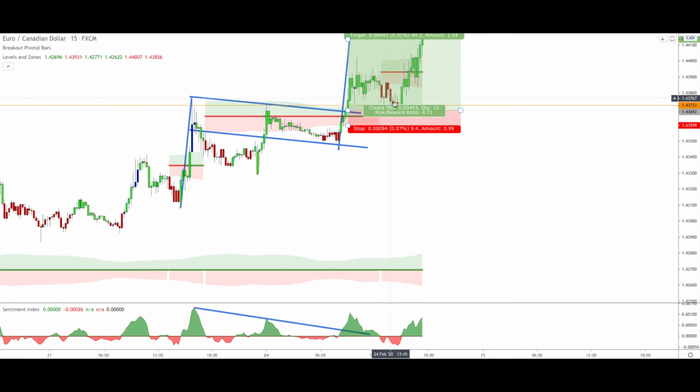Then it got a little bit tricky, but this is where the rationale must be used, because if you just look at the recent past, you could have understood that this kind of price movement to the downside was absolutely legitimate, and you could have allowed the price to come a little bit lower, but still maintain the trade open like I did.